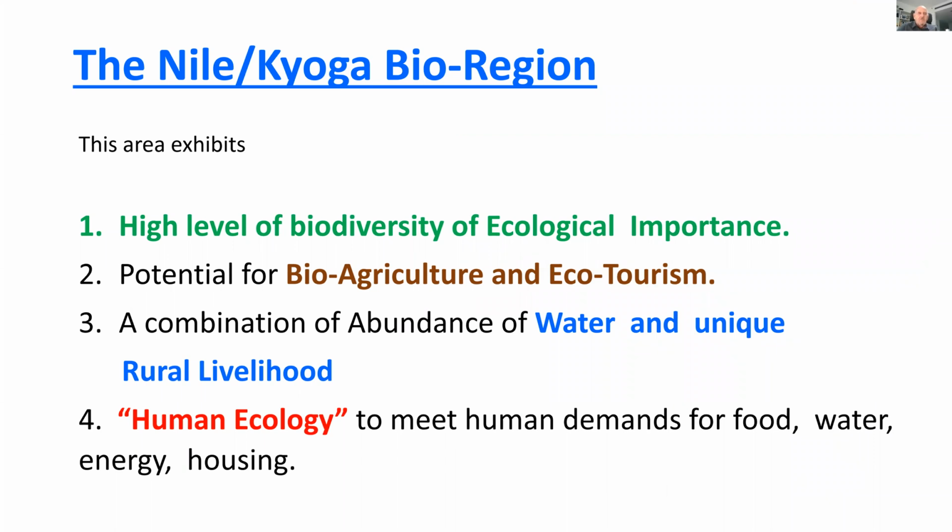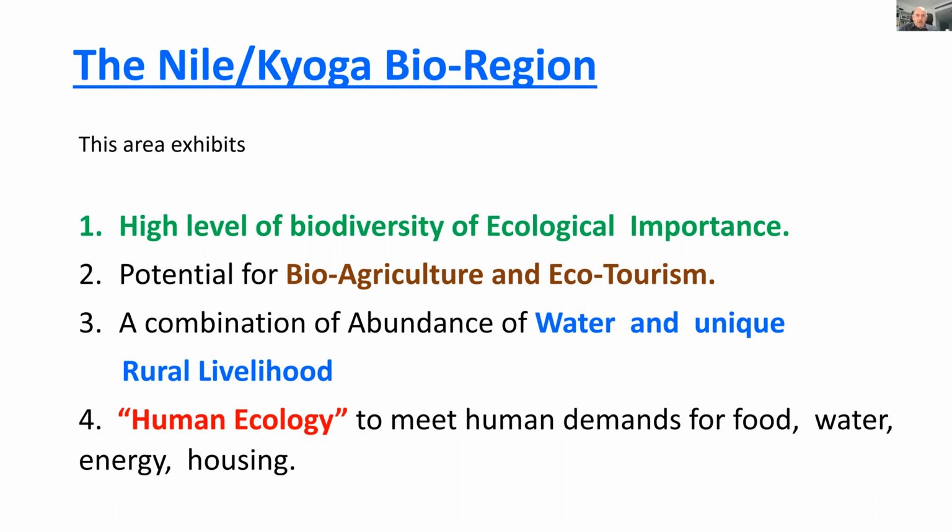It will have potential for bioagriculture and ecotourism. It will have a combination of abundance of water and unique rural livelihood, very specific, and what I call human ecology, meaning to meet human demands for food, water, energy, and housing. All those together are parts of the bioregion idea.